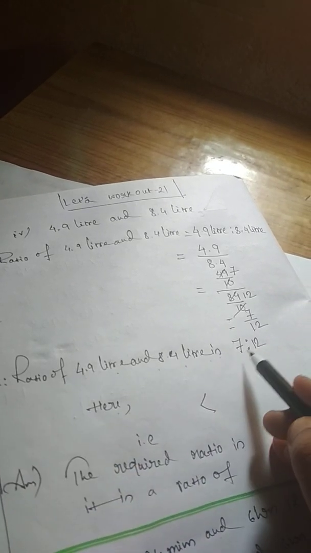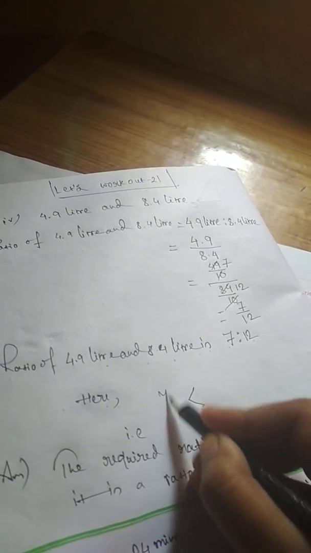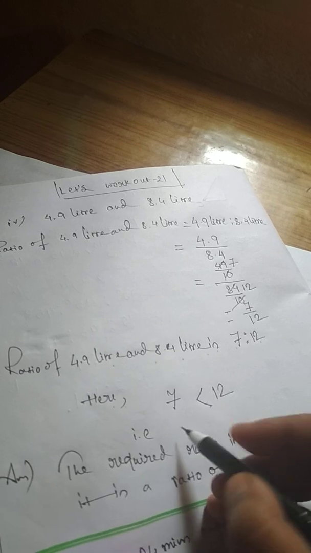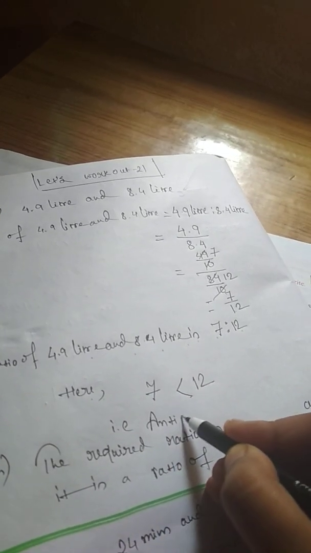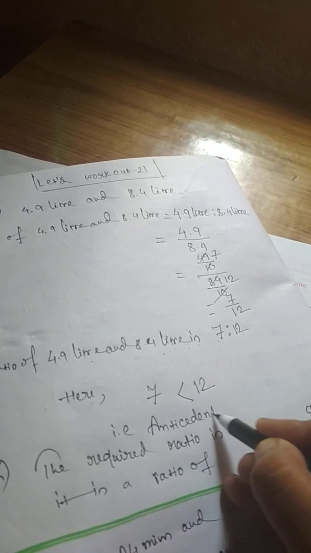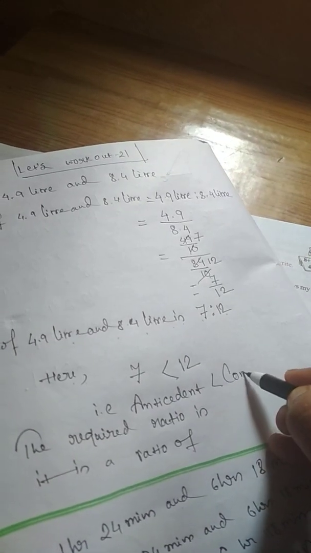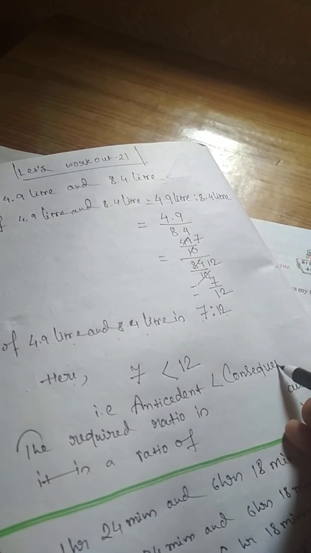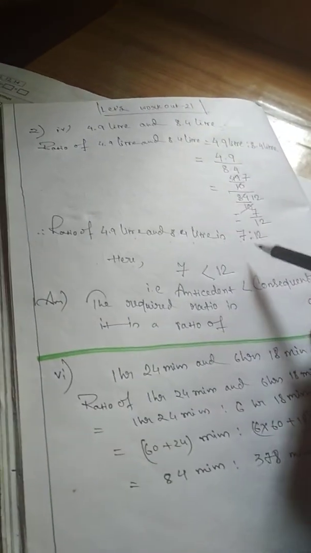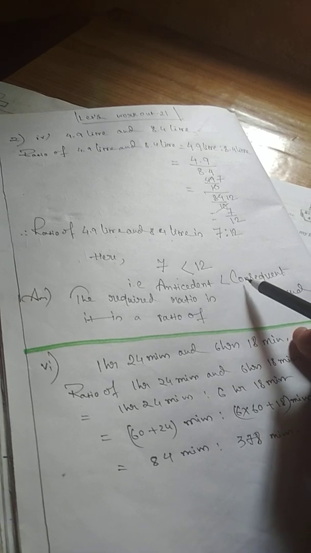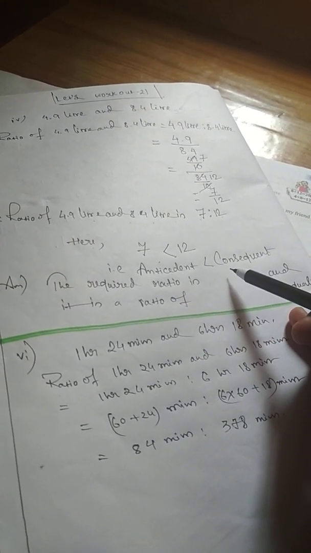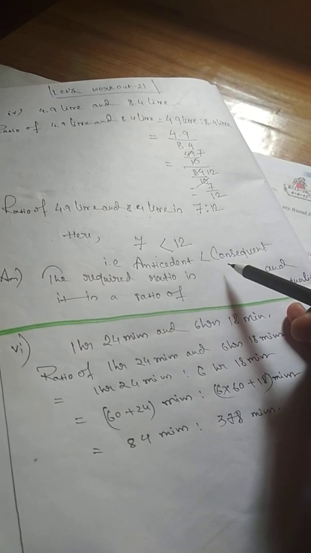In ratio form it is 7 ratio 12. Now here see that 7 is less than 12, that is antecedent is less than consequent. That means it is a ratio of which type? This one is less, this one is more, this one is lesser than this one. So this is a ratio of lesser inequality type.